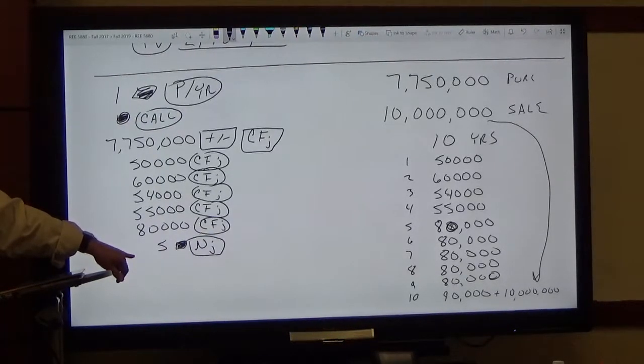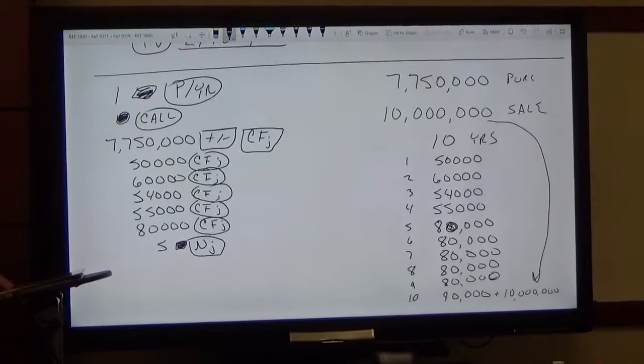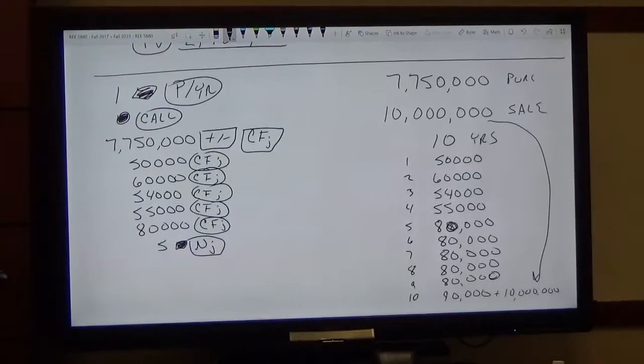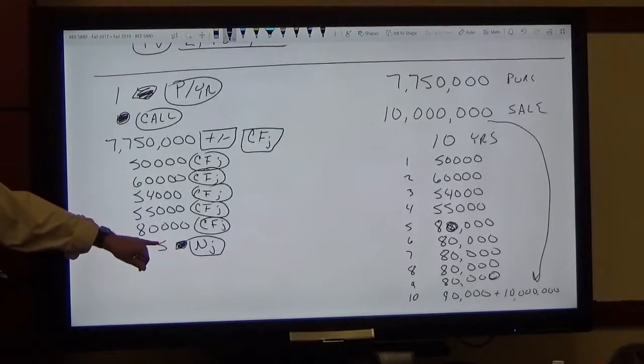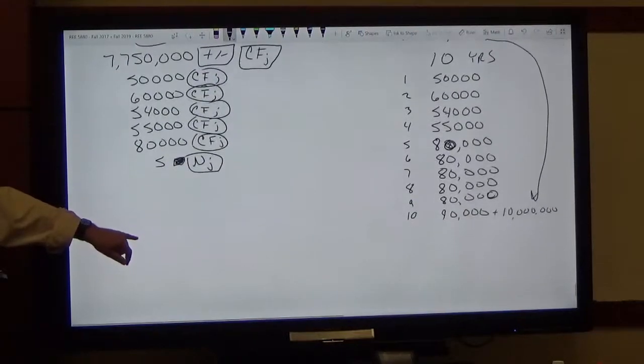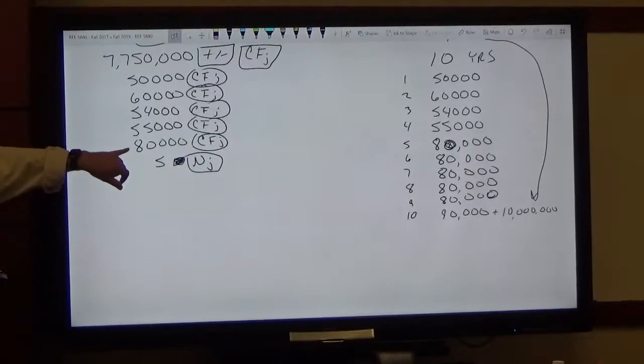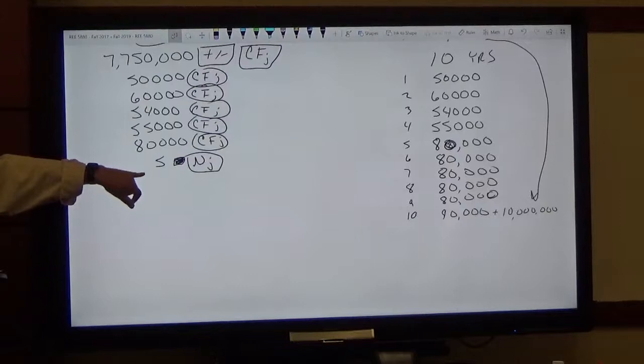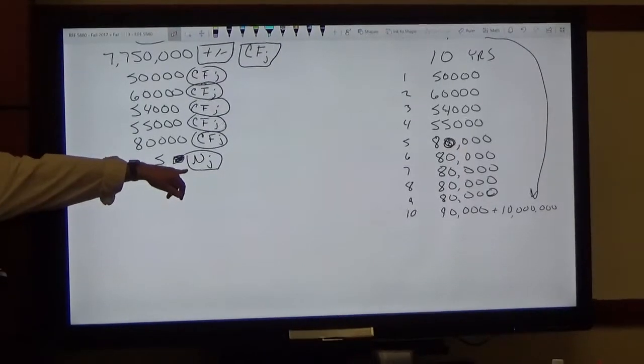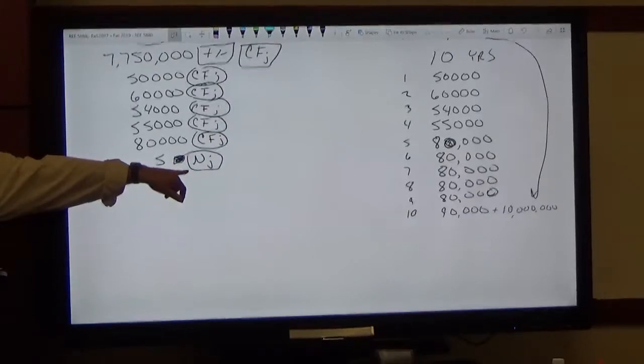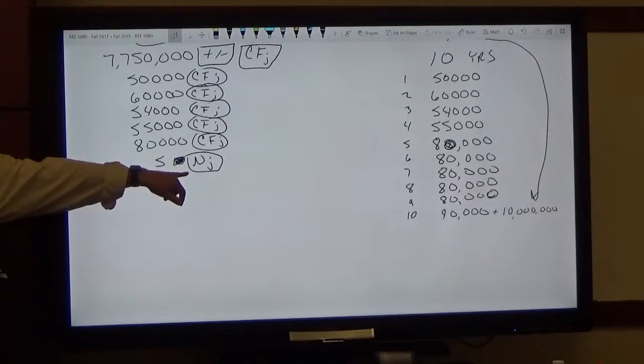Wait, so we put 80,000 in, and then we just click the second key, CFJ key. You already clicked 80,000 CFJ, and then it occurs for 5 consecutive periods. So we put in 5, shift N sub J, underneath the cash flow key.